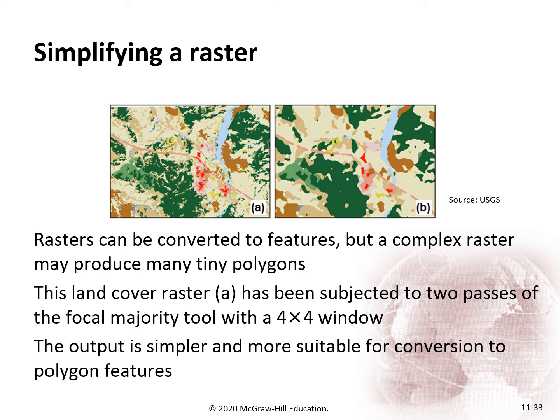With bigger chunks of stuff that's the same and fewer little chunks of different stuff, you have fewer polygons, and the polygons tend to be bigger and more connected with fewer little incursions and inclusions in them. So that's what this would do. That's how simplification would work.